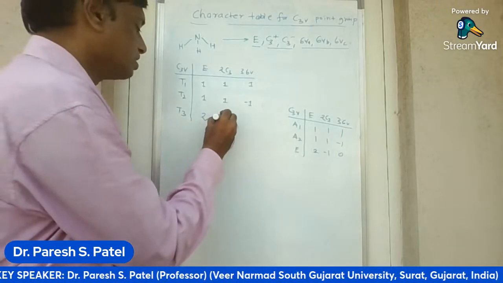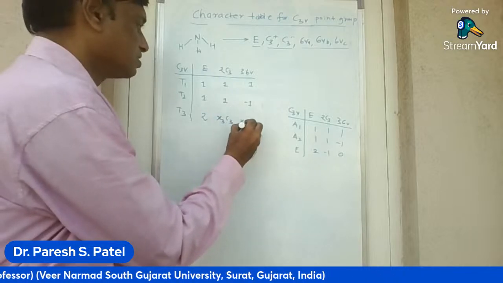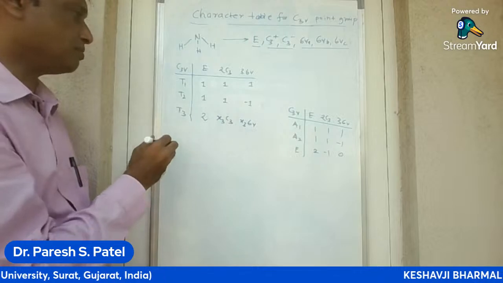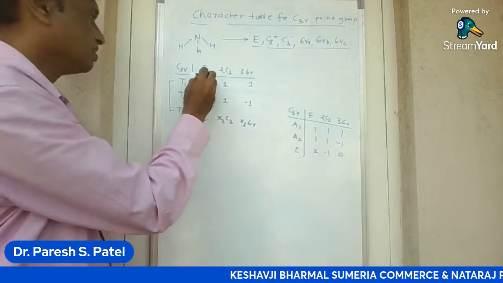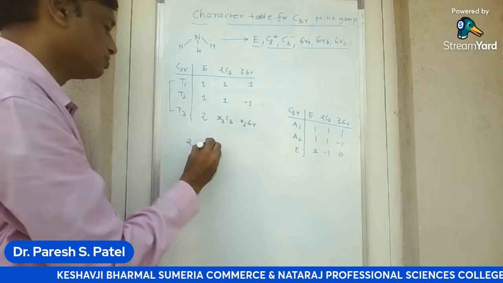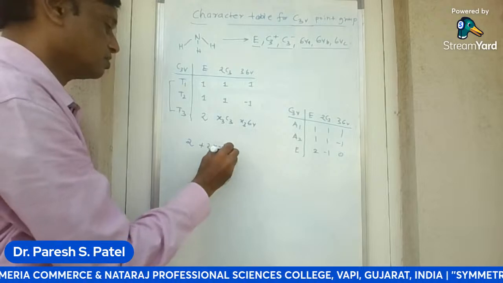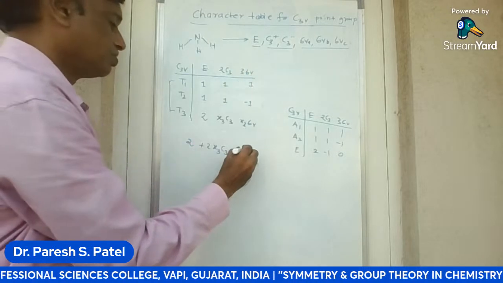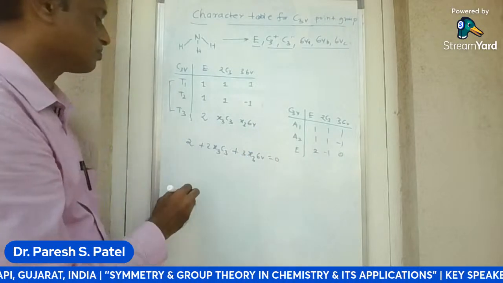Now to get the characters for the third irreducible representation, any two irreducible representations are orthogonal to each other. So for T1 and T3: 1 into 1 into 2, plus 2 into 1 into character 3C3, plus 3 into character 3 sigma V is equal to 0.